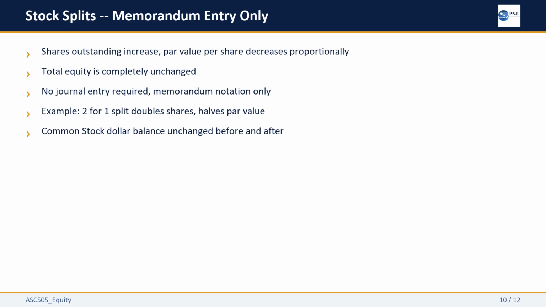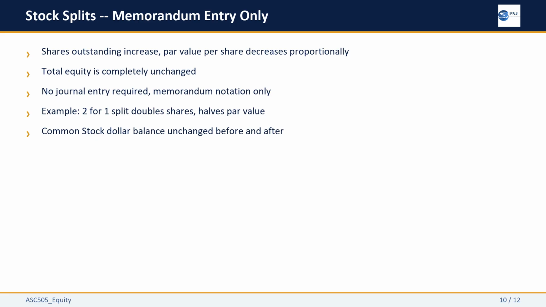Stock splits look superficially similar to stock dividends because more shares get issued, but the accounting could not be more different. In a stock split, the par value per share is reduced proportionally as shares increase, so the total dollar balance in common stock stays exactly the same. There is nothing to reclassify, nothing to transfer, no equity composition change whatsoever.